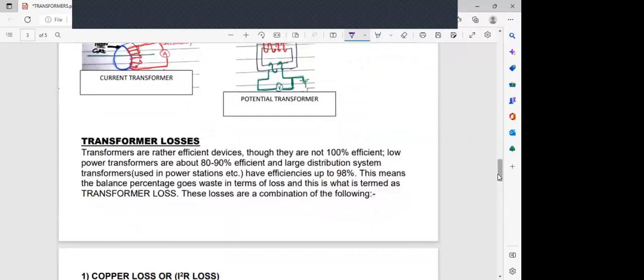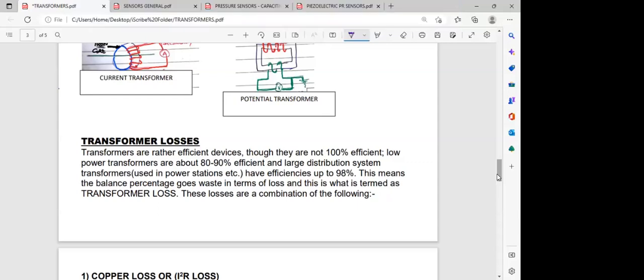Coming to the losses. Now your transformer is about 90% efficient. Okay, where is that 10% gone? It could have been 100% efficient. In other words, whatever energy that is there in your primary is transferred 100% to your secondary.